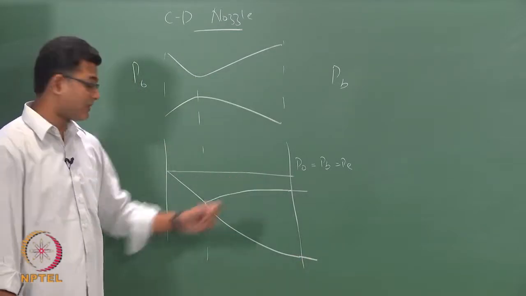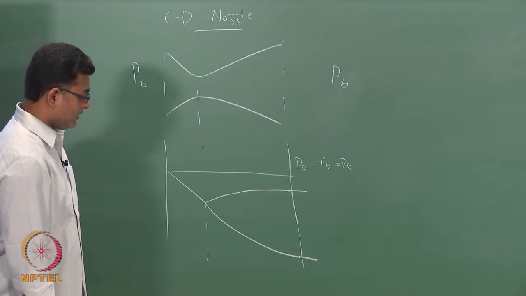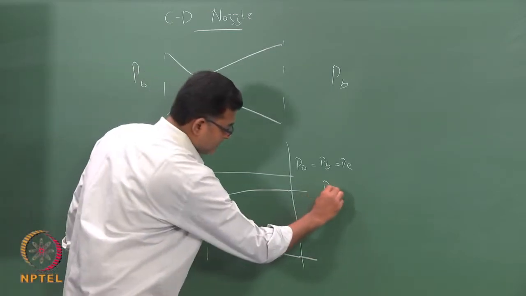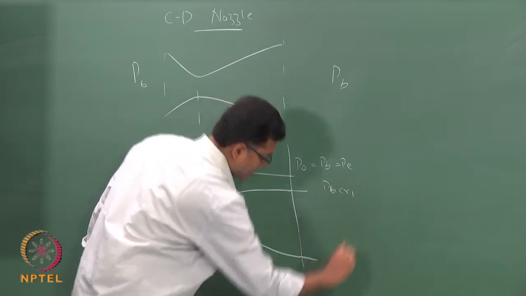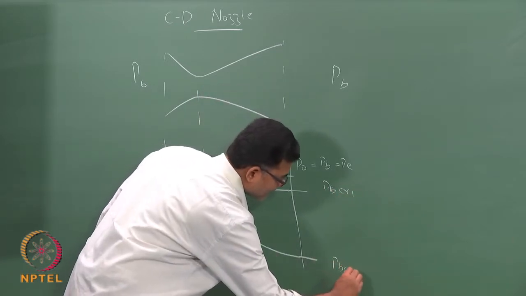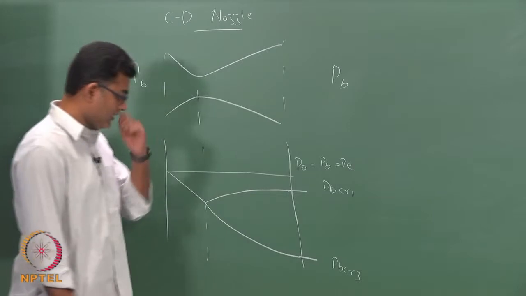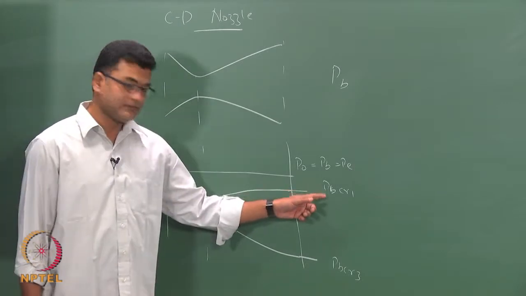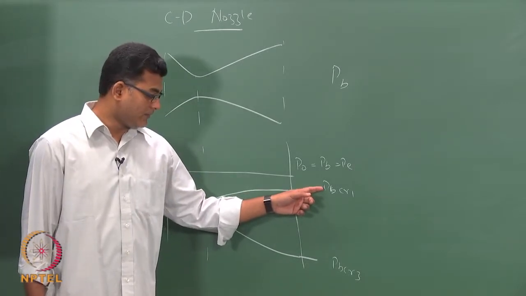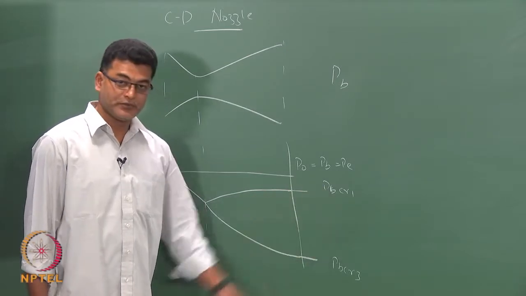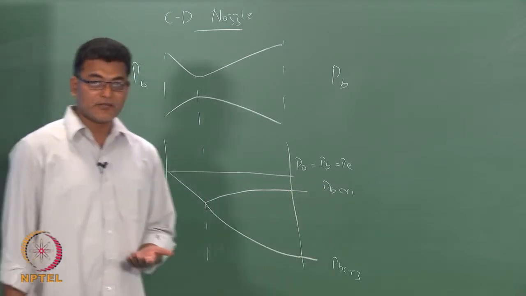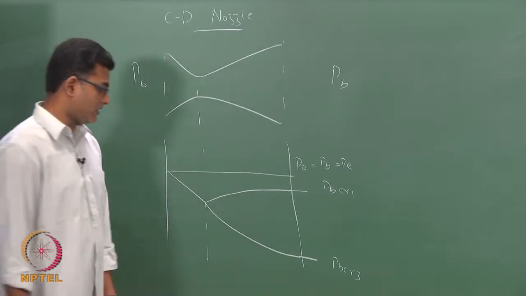Okay. Now, this we call PB critical 1 and this PB critical 3. If you have a PB value somewhere between these two, you can expect a non-isentropic solution which involves a shock.